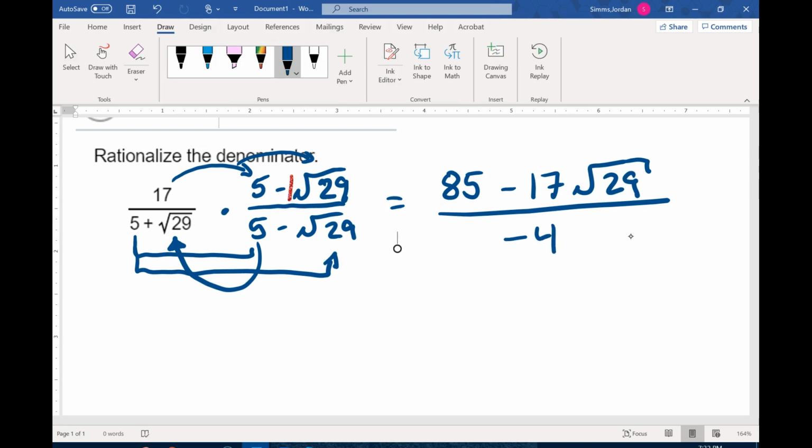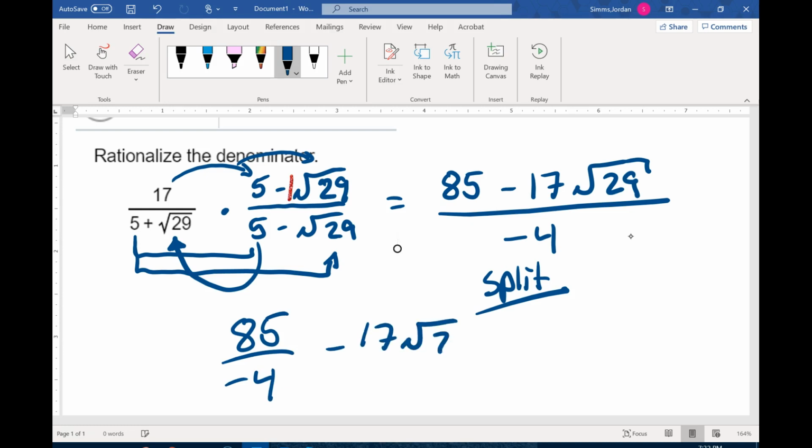And then we have to express this in a way that makes sense. So if we think about this, if we kind of split this, which you can do, we have two terms on the top with a common denominator, I could really see this as 85 over negative 4 minus 17 root 29 over negative 4, right? I just rewrote the same thing in a different way.